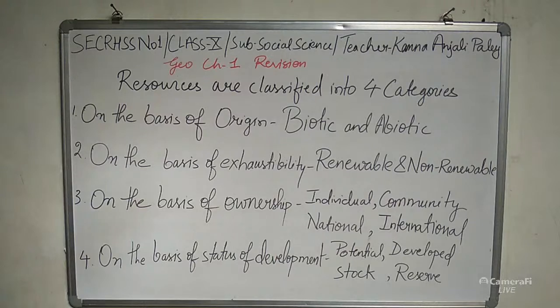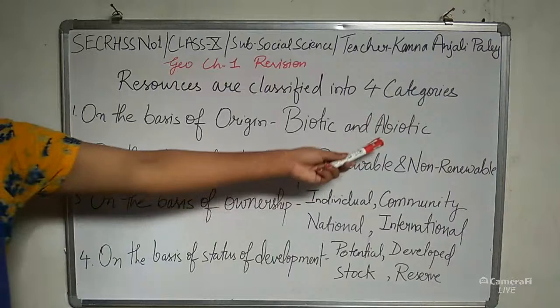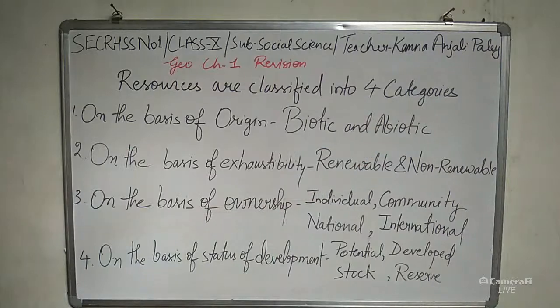The second type of resources on the basis of the origin is totally opposite of biotic resources. Abiotic resources are available in the atmosphere, but they don't have life.